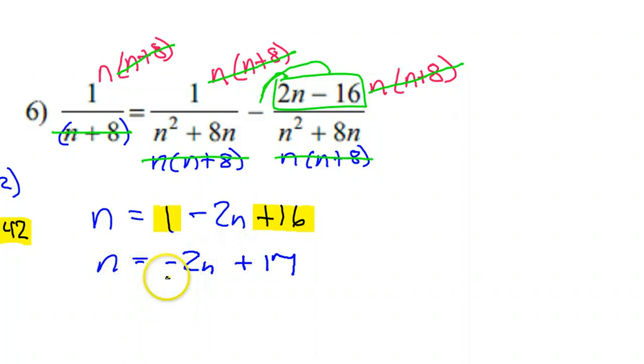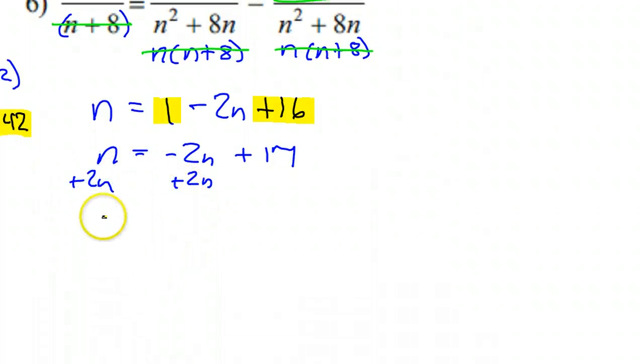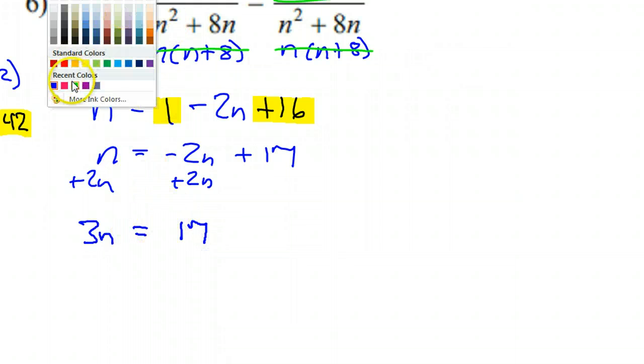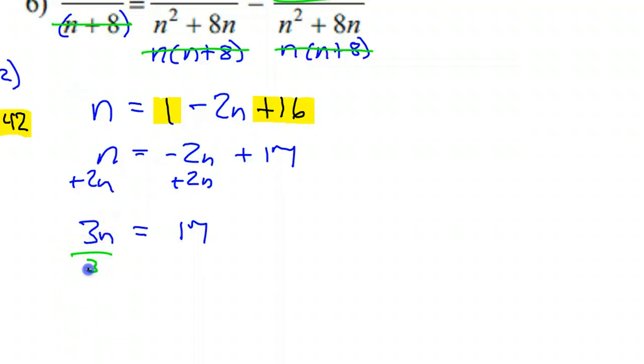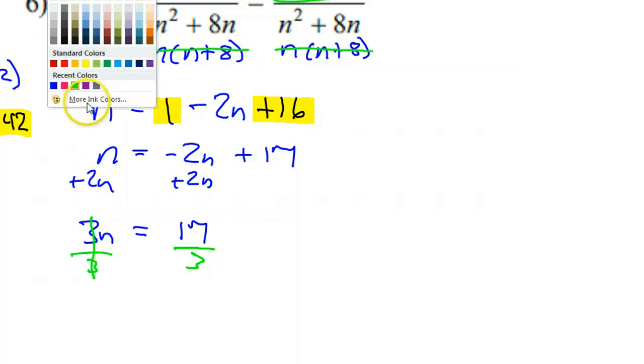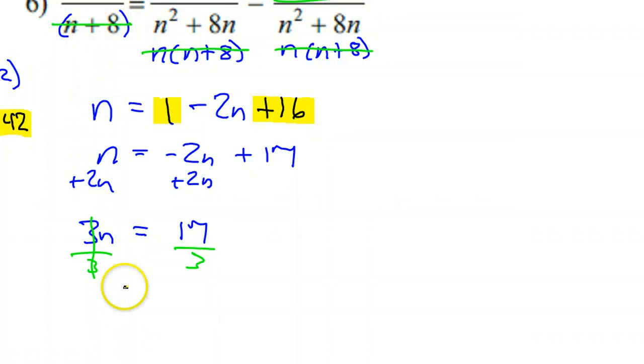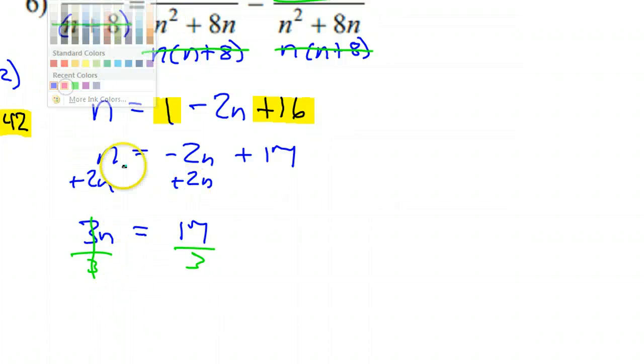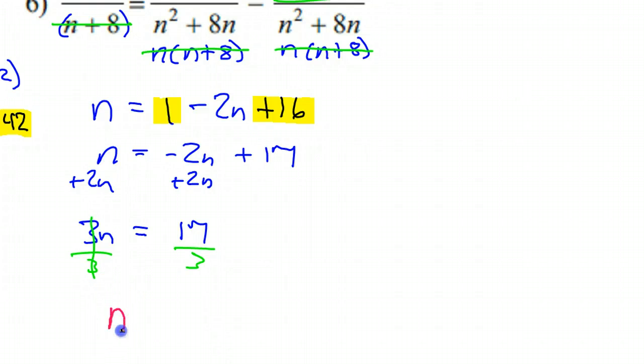Now I need to get these n's together, so I'm going to add 2n to both sides. So that'll give me 3n is equal to 17. So when I divide by 3, I get the final answer. N equals 17 over 3.